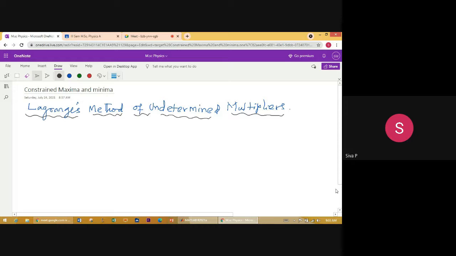Write down that the given function is u equal to f of x, y, z. This is equation number one.